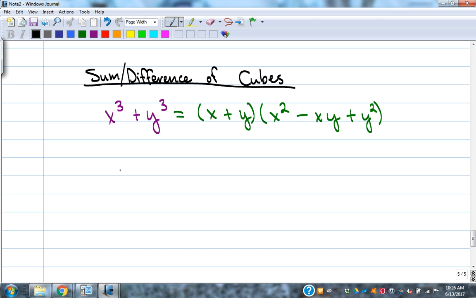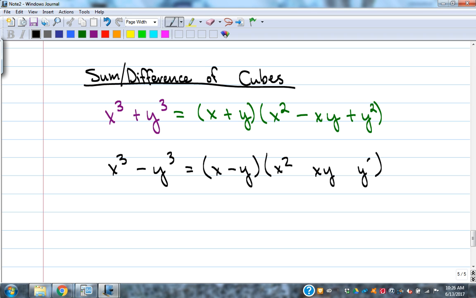For a difference of cubes, x cubed minus y cubed, the same thing happens. The short one is the same, x minus y. The long one, all the pieces are the same, but it's got a plus sign in the middle.